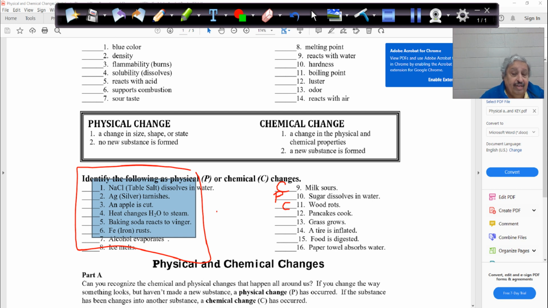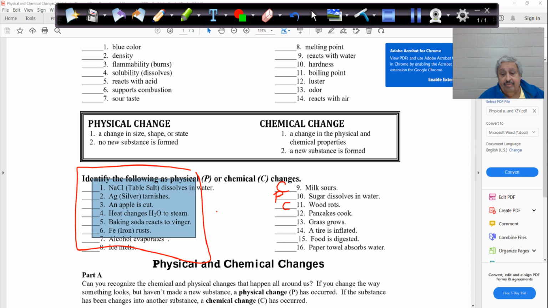Because if this wood is broken into small pieces like powder, you cannot return this piece of wood as it was before. Correct? So with physical, I can recover this material back, like sugar and H2O. I can evaporate the H2O, collect it, and then the sugar will be as crystals at the bottom. So I can separate them into items.